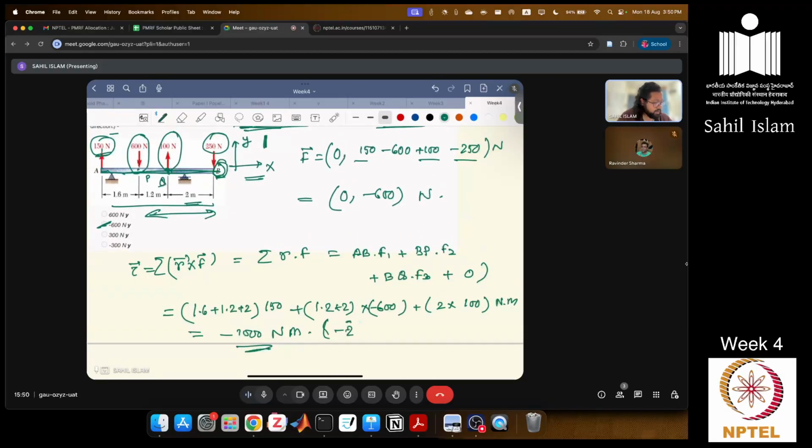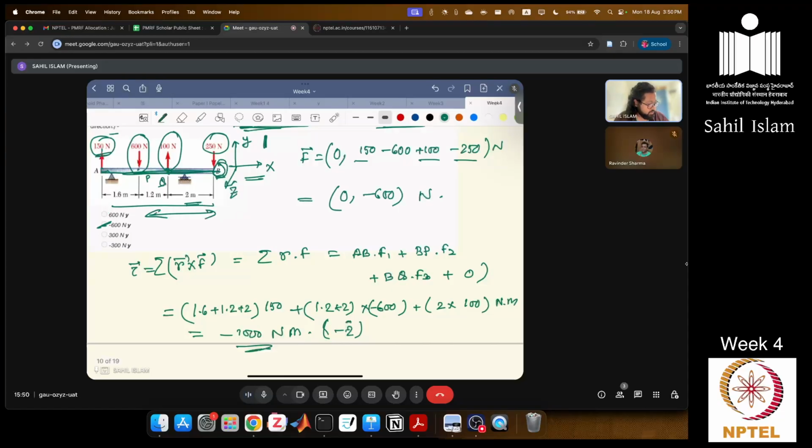Why minus z cap direction? This is your BA vector and this is the positive y cap we took. So if you curl your fingers, you get this along inside the paper, and this is z cap along outside the paper.